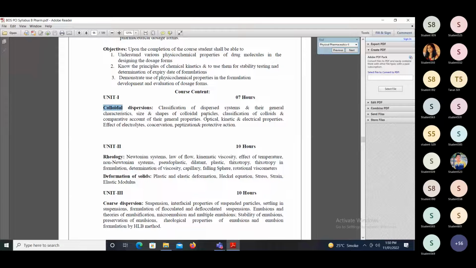The classification based on dispersed phase and dispersion medium, the classification based on size of the particles, whether it is a coarse type of dispersion or colloidal type of dispersion. Then the different general characteristics of the colloidal dispersions.